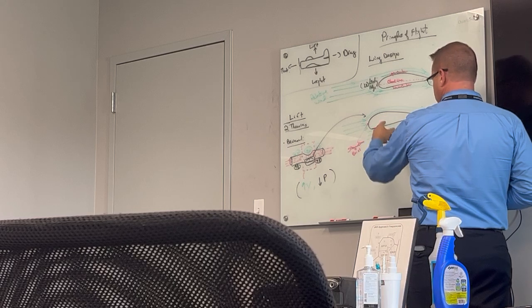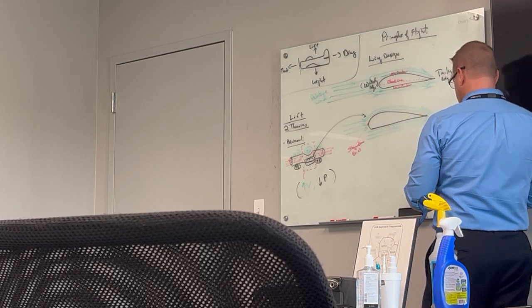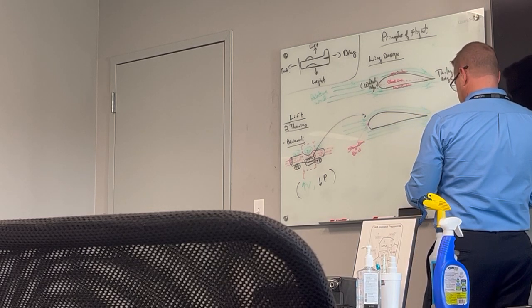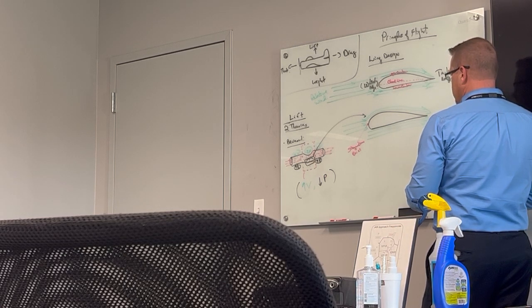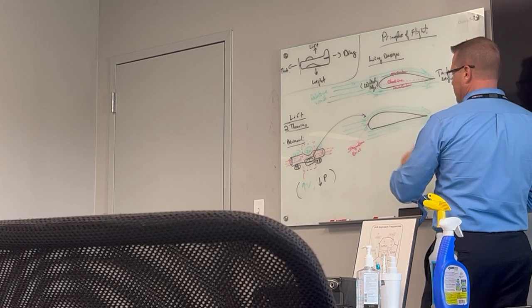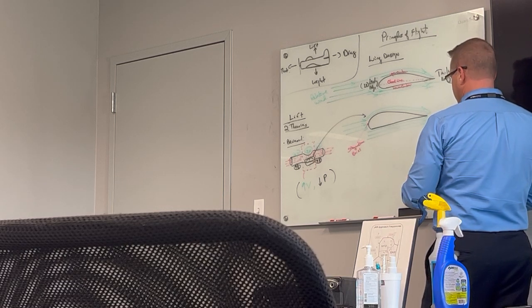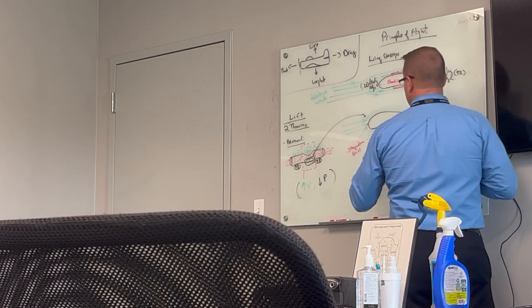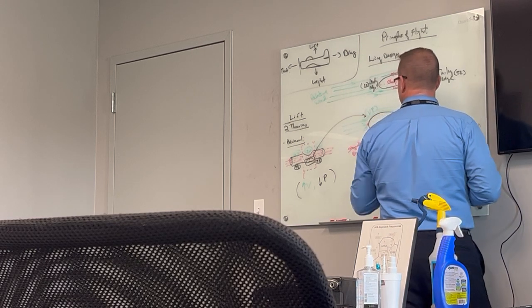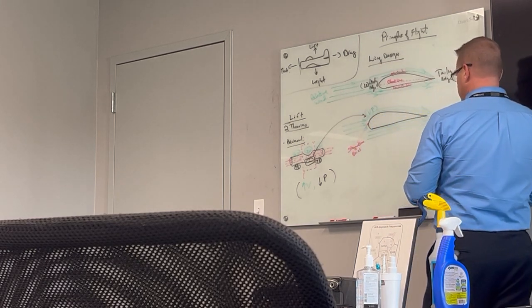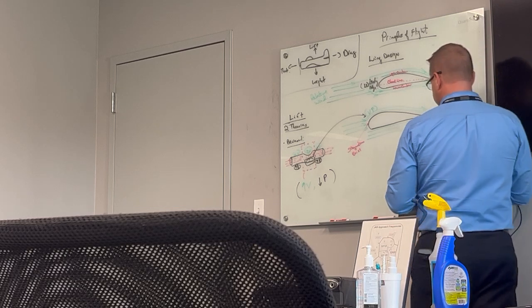And so what happens is this air that gets compressed, because of the increased distance it needs to go over the top of the wing, needs to speed up, just like in the venturi. So if we have the velocity increasing over the top of the wing, the pressure is going to decrease.